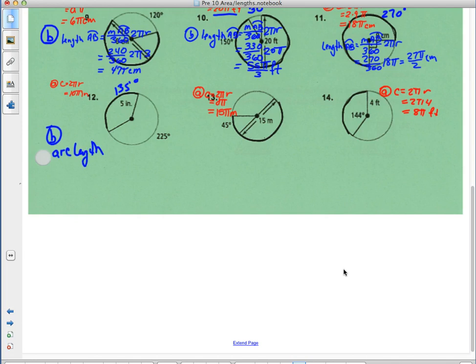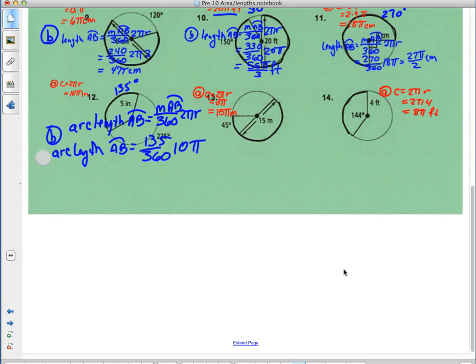My arc length of AB is 135 divided by 360 times my circumference, which is 10 pi. And remember the formula we're using: the length of AB is the measure of AB over 360 2 pi r.